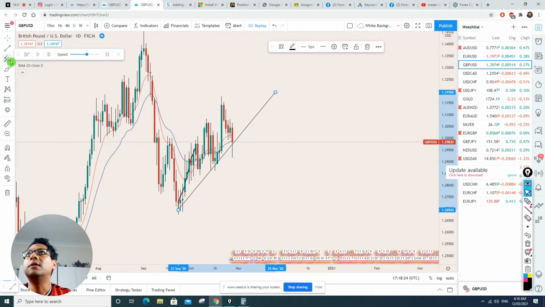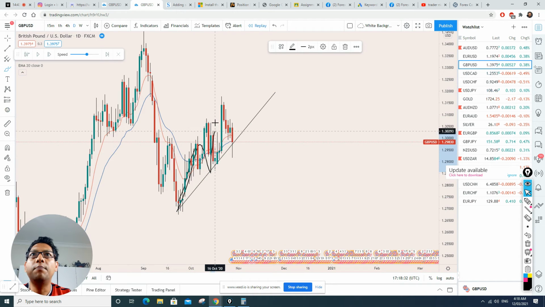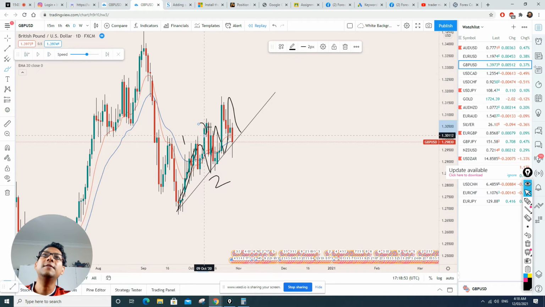Now you have to see the market has gone up and then dropped into the trend line like this, and then going up, dropping into the trend line, going up and then dropping into the trend line. So you count one just for going up, and then for dropping to the trend line, two, and then going up, three. So when you confirm up to three, this market is trending.